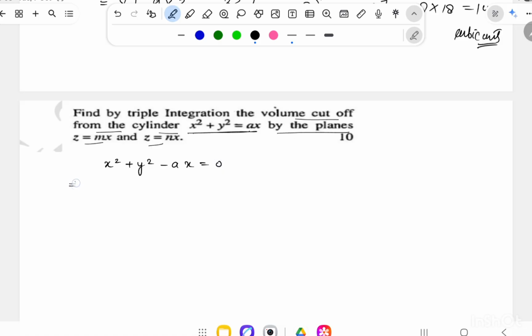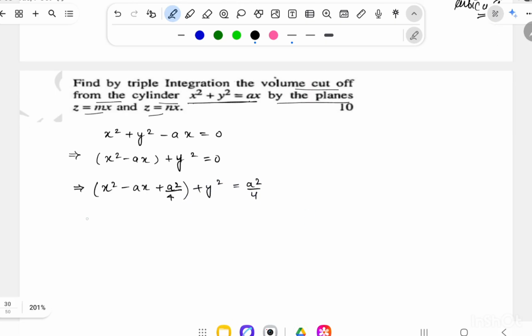That simplifies to x square minus ax plus y square equals to 0, which can be further simplified. So it is x square minus ax plus a square by 4 plus y square equals to a square by 4.